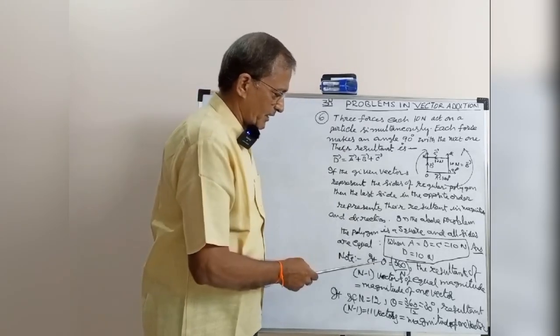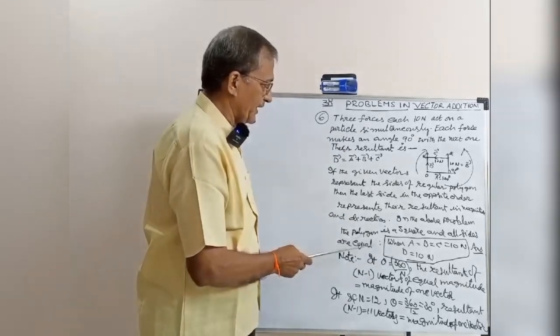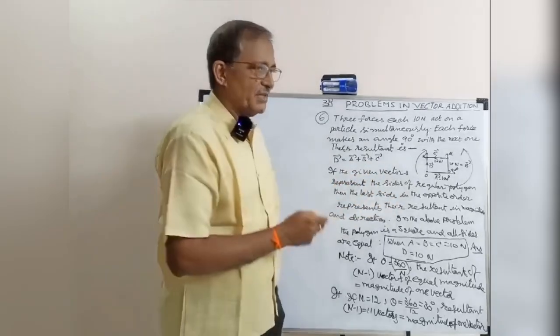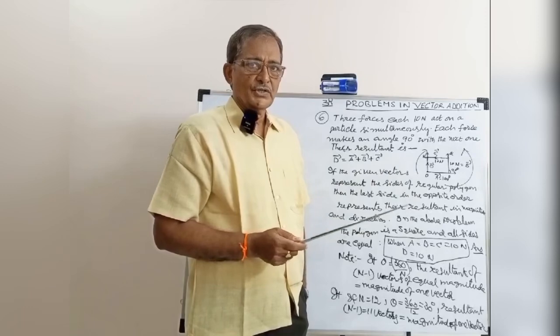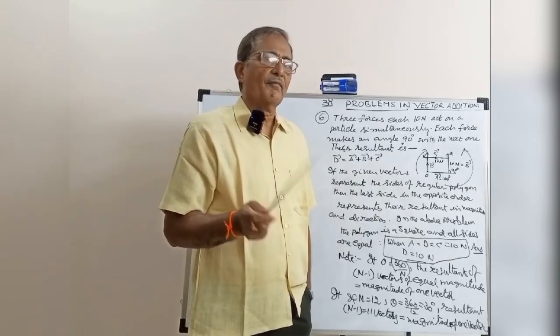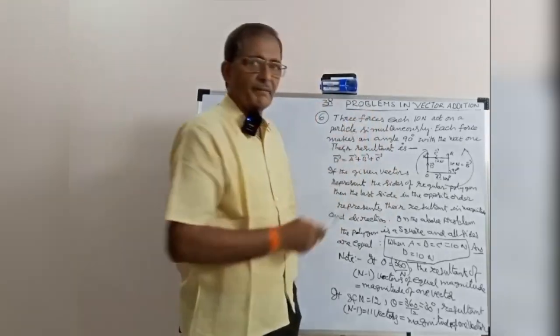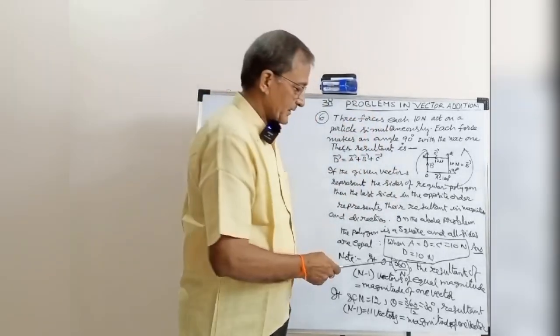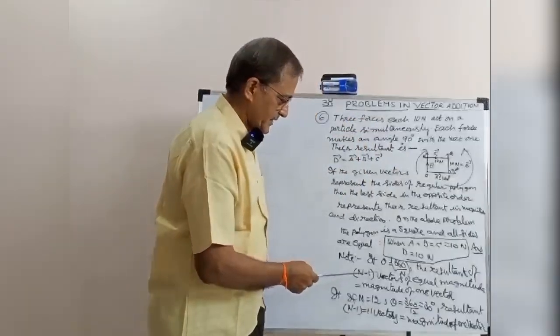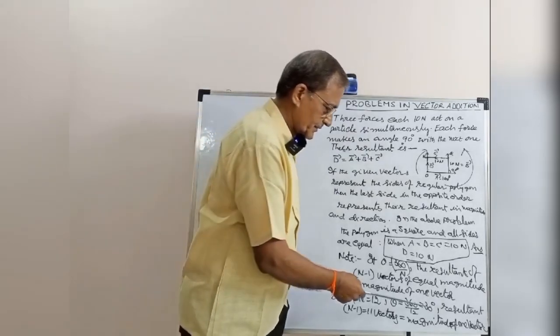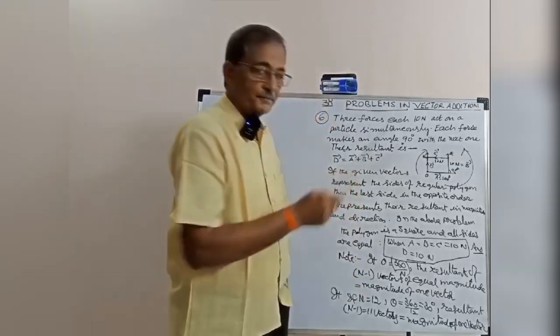First of all, find the number. Actually, the angle here is 90. So, 360 by 90 is 4. So, the polygon sides are 4. Here also, if each angle is 30 degrees, then the number of sides of the polygon n is equal to 360 by 30, which is equal to 12.